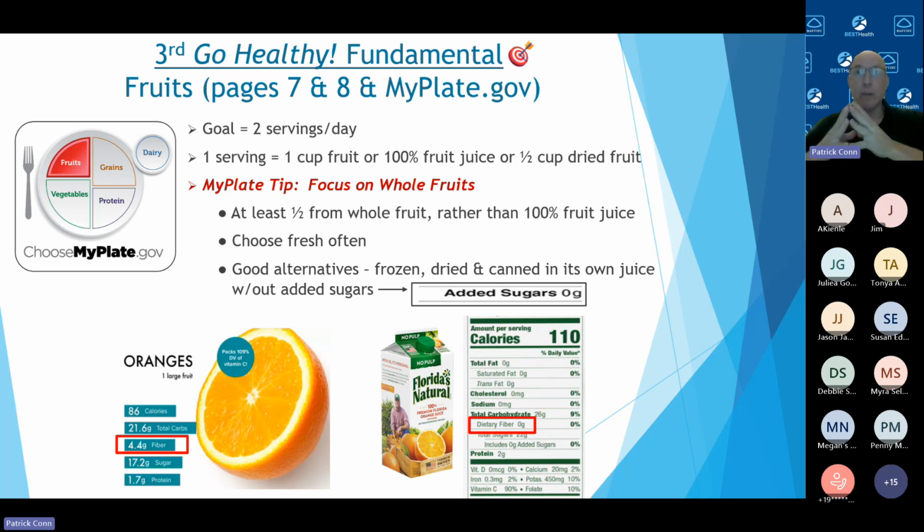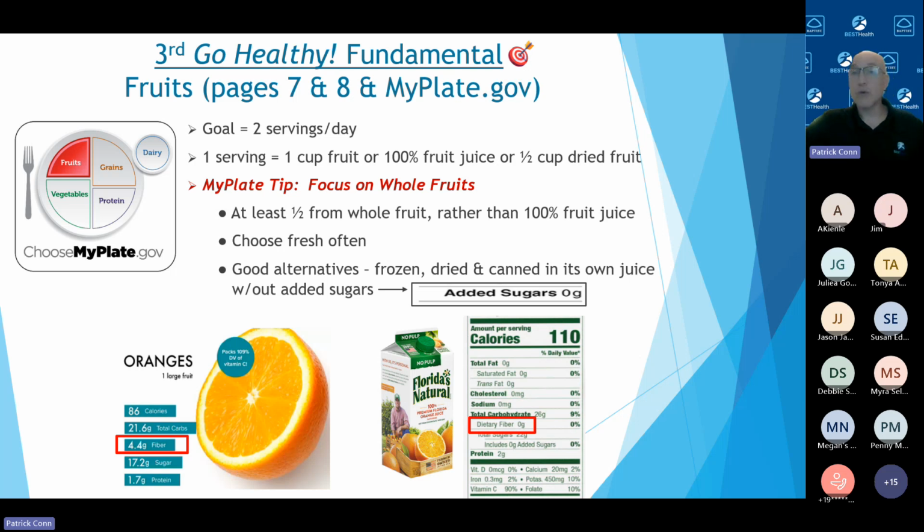But again, you can go to the myplate.gov website, go under the Eating Healthy tab, select fruits, and it's going to give you a wealth of information. You can also go to the My Kitchen tab and learn more about the preparation of fruits if you like to go beyond eating fruits just in their natural state.